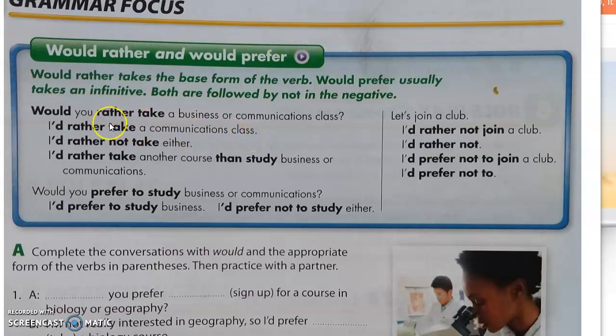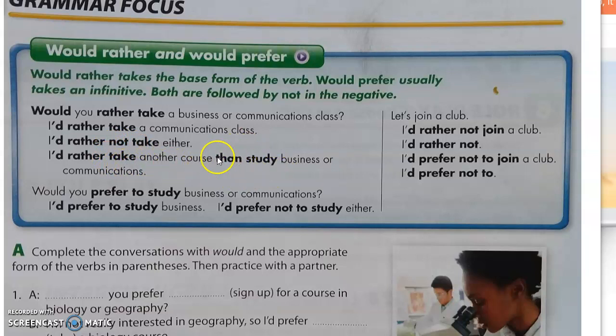Or if you want to say the negative, like if you don't want to do either, you could say, I'd rather not take either. So use the word not between rather and the base verb. Or you could make a longer sentence by saying, I'd rather, plus the base verb, I'd rather take another course.